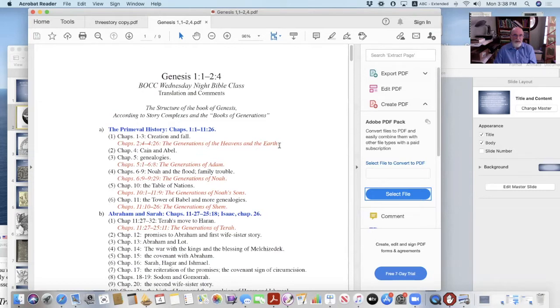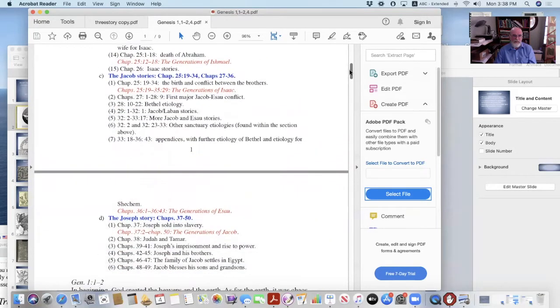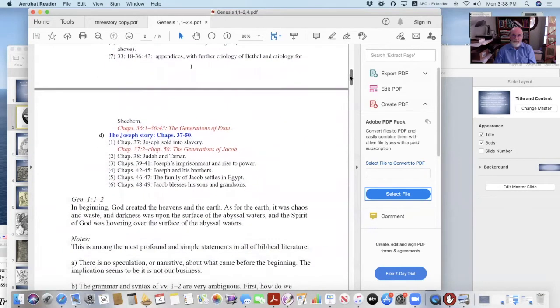And those are found in 10 places in the book of Genesis. That's another way of understanding the structure. So I don't want you to be confused about that. It'd be much easier to look at these collections of stories as units rather than look at all 10 of these books of generation, so to speak. But you'll have this for your reference, should you need it.